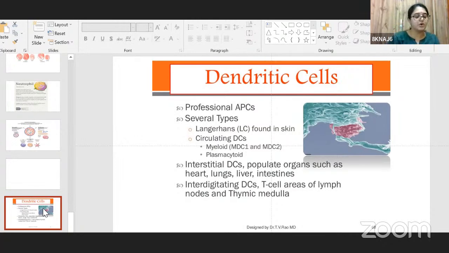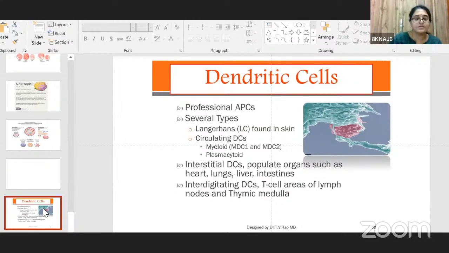Different types, like I told you: Langerhans cells found in the skin, interstitial dendritic cells that are present in heart, lungs, liver, intestines. Then you have the myeloid dendritic cells, MDC1 and MDC2, and then you have the lymphoid dendritic cells.